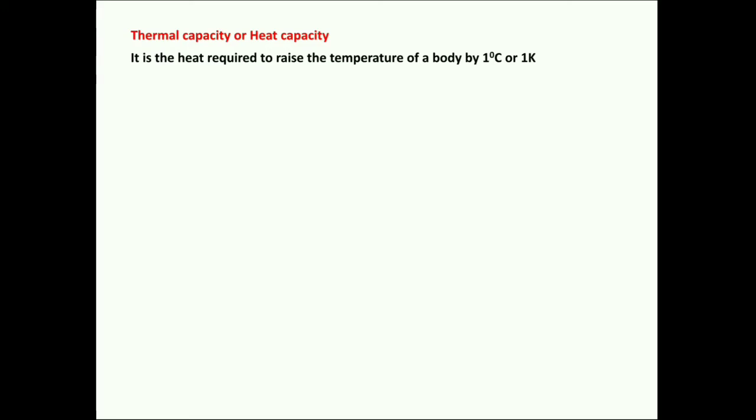So suppose, let me write, we have a body, whatever is the mass, we don't care about that right now. Suppose there is a body and its temperature is 2 degrees Celsius. Okay, and we give it a certain amount of heat.